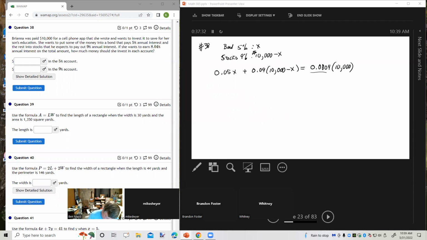Subtle, but important. So now we've got 0.05x plus, let's see here, if we take 0.09 times 10,000, we get 900, and then minus 0.09x. Let's see here. Something's bothering me here. Why is it bothering me?